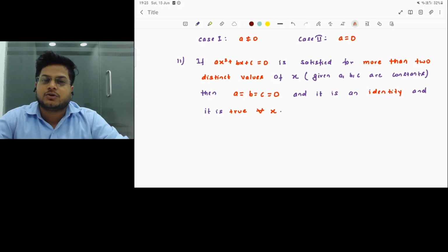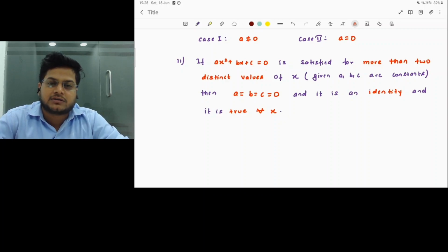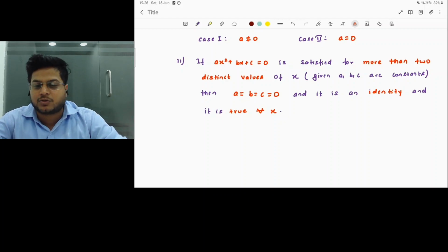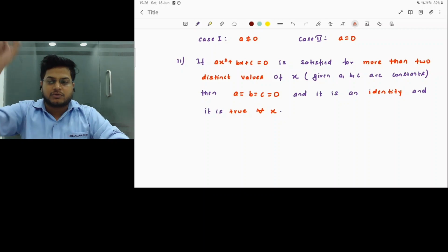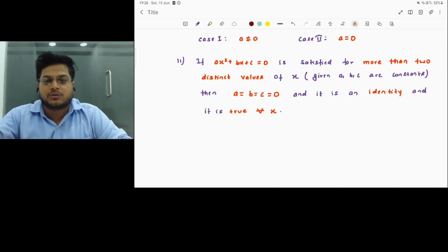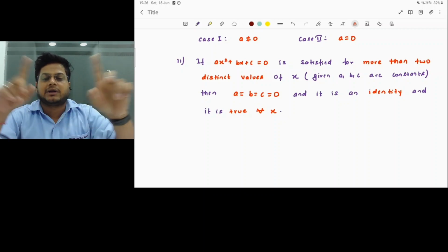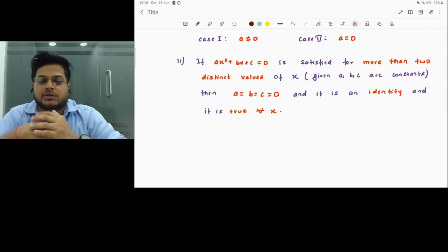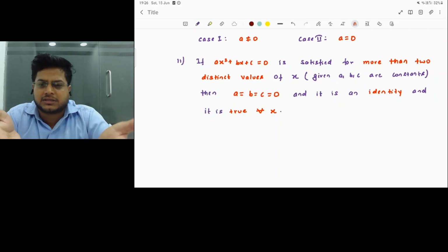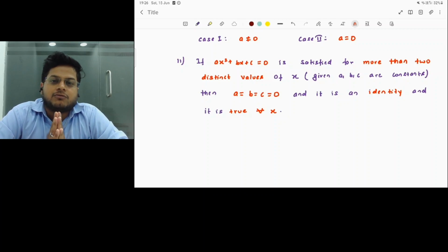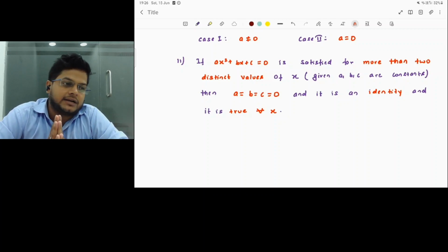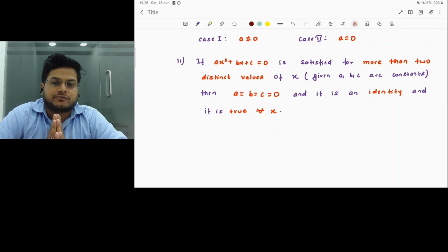See, if a becomes 0, b becomes 0, c becomes 0, now whatever x you bring, 5, minus 5, 2, 1 by 2, 0.3, minus 0.7, whatever you bring, what will happen? 0 into something square, plus 0 into that number, plus 0. So ultimately you will get 0 equals 0. So if a, b, c become 0, then this is going to be an identity and it will be true for all the values of x.